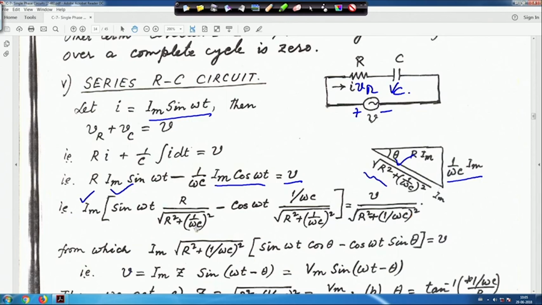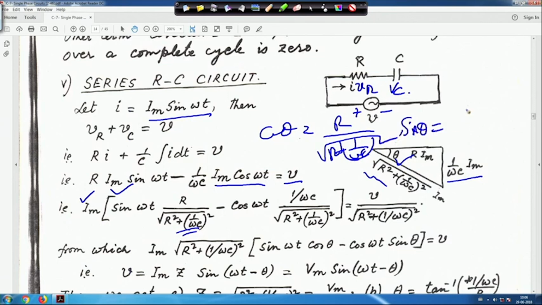And if you look at this diagram, cos theta will be R, my base, with Im cancelled, over root over R square plus 1 upon omega C square, and sin theta will be 1 upon omega C by root over R square plus 1 upon omega C square.